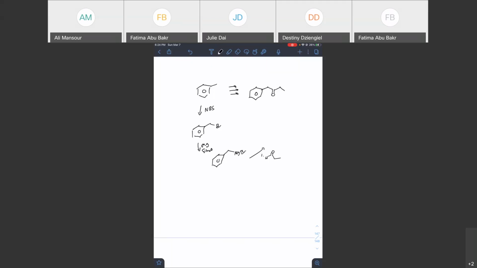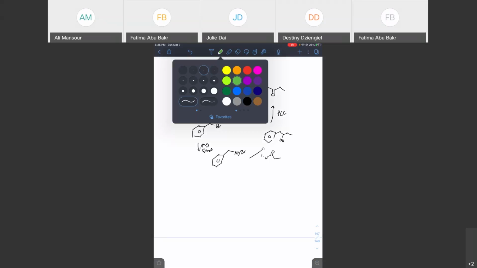So then we get this. And then after that, we can just go ahead and do PCC or something, and that will create a ketone.